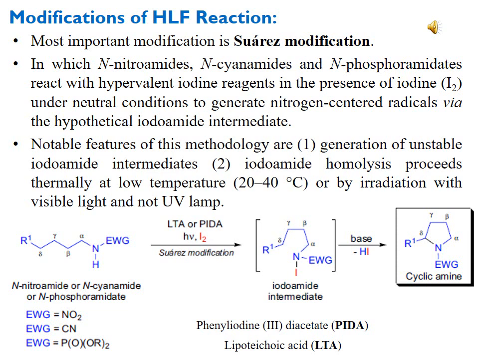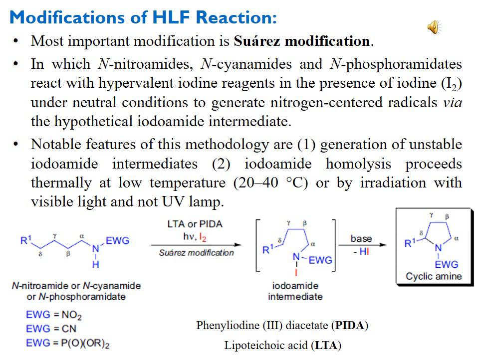The most important modification made in the HLF reaction is the Suarez modification, which has been used by different scientists in a number of ways. The first difference in this modification is that it uses substrates which are N-nitroamides, N-cyanamides or N-phosphoramidates.